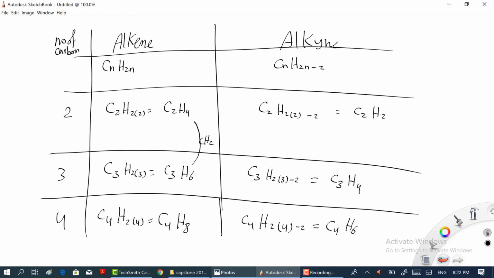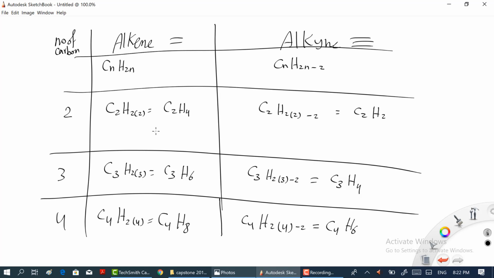Okay, let's talk about the structural formula, how I can write it and how I give it the name. According to this, when it's related to the family CnH2n, we have an alkene when having a double bond, and an alkyne when having a triple bond. So in this case we will write it according to this.